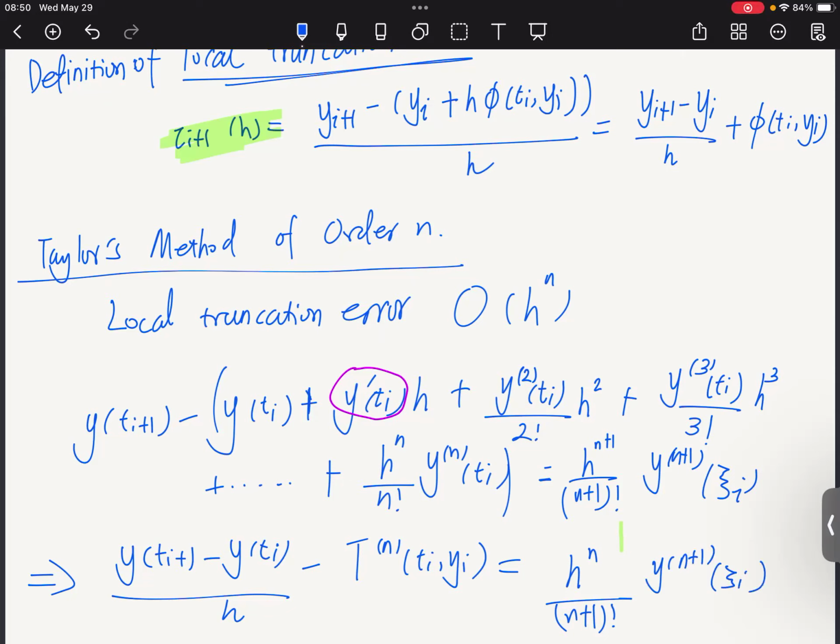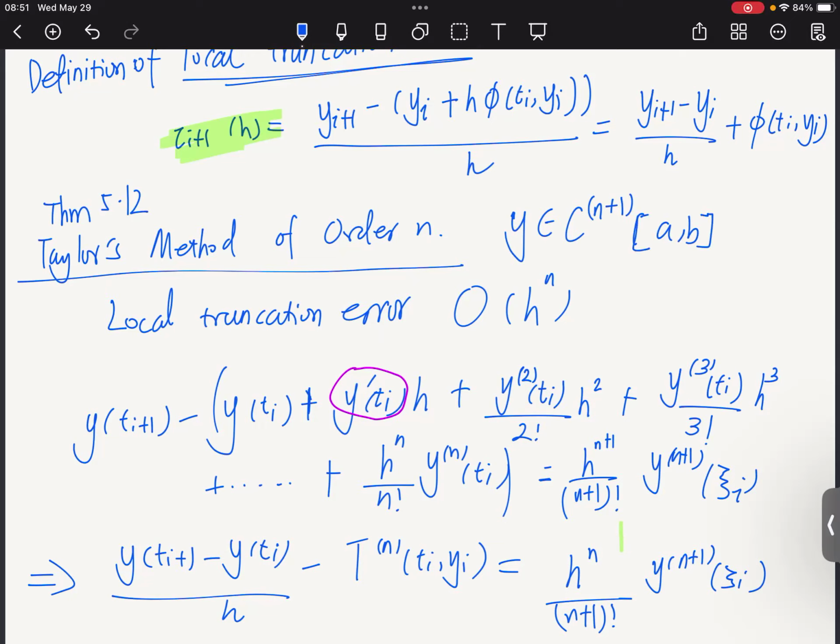We also have one assumption here about this theorem. This is Theorem 5.12, and there's one assumption about the y function. We assume that y has n+1 continuous derivatives on the interval [a,b].